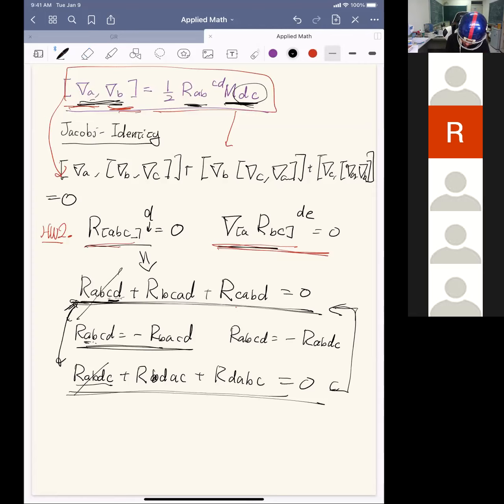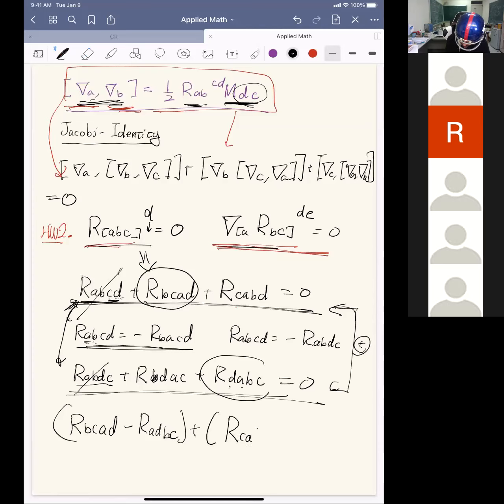And therefore, adding these two equations together, you're going to get R_{BCAD} minus R_{ADBC}, where I'm doing minus because I've exchanged DA into AD, plus R_{CABD} minus R_{BDCA} has to be equal to 0.